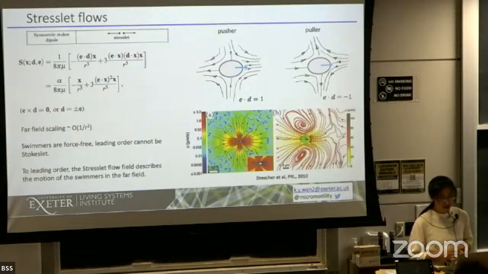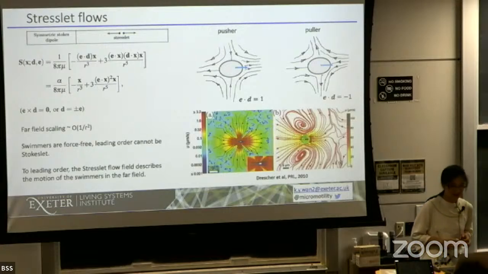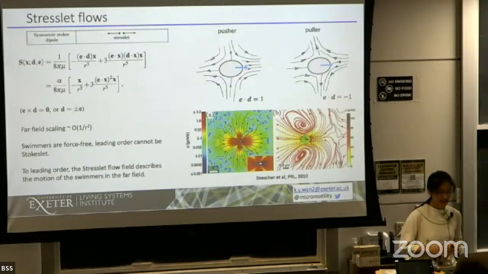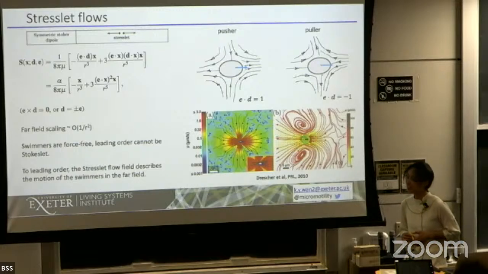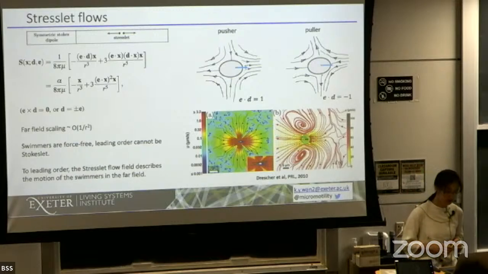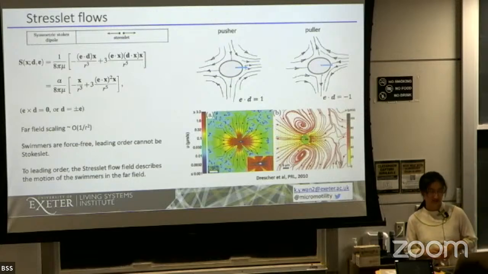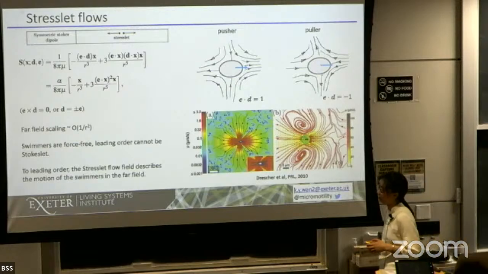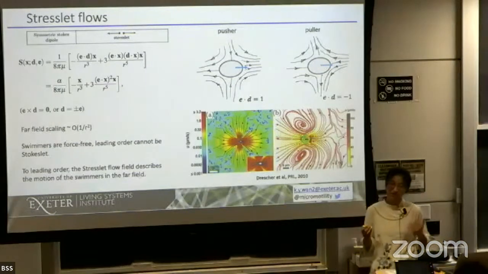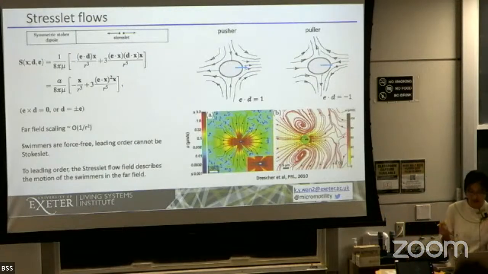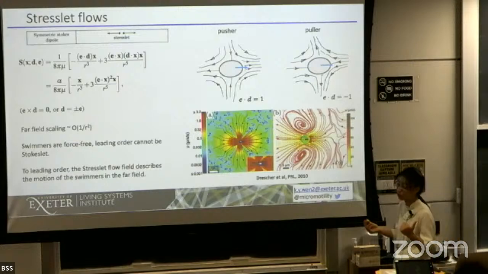In general, you'd expect the flow fields around these swimmers to have a stress-like profile. Generally, these can be further classified into either pushers or pullers. In the case of pushers, the picture you should have in mind is that there are two Stokeslets aligned with each other collinearly, pointing away from each other.